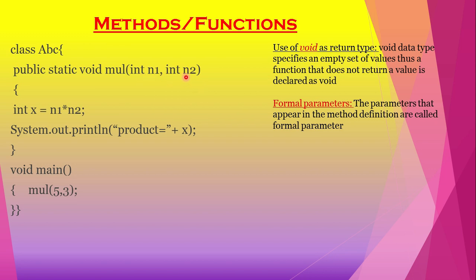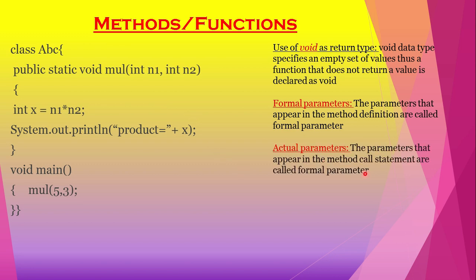Here you can see two parameters, n1, n2. These two are called formal parameters. So n1 and n2 are formal parameters. They are declared along with the function, formal, for function declaration.